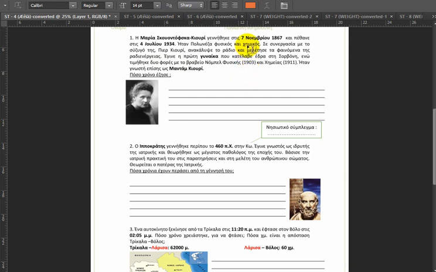It gives us the date that she was born and the date that she died. And it asks us how long she lived. Okay, so in order to do this, we're going to think as follows.